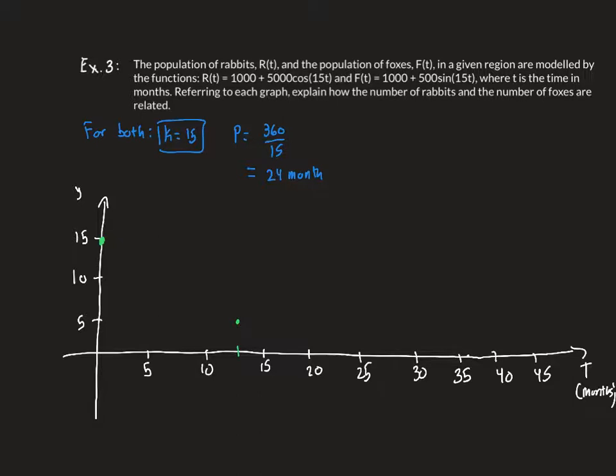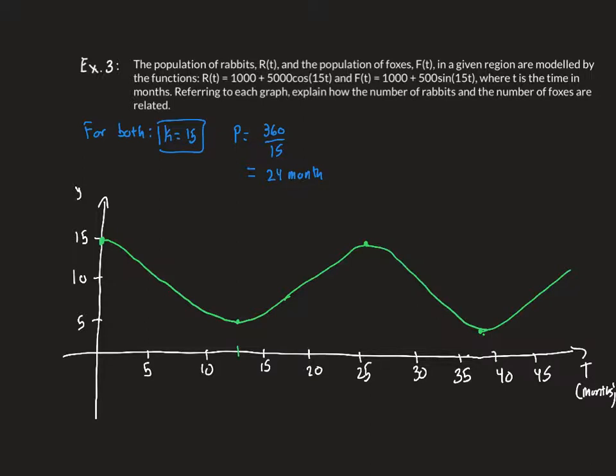And we know that this would happen here, so the next maximum would be at 25. Okay, then the next minimum would be between 35 and 40. All right, so let's connect it. Okay, that's one graph.